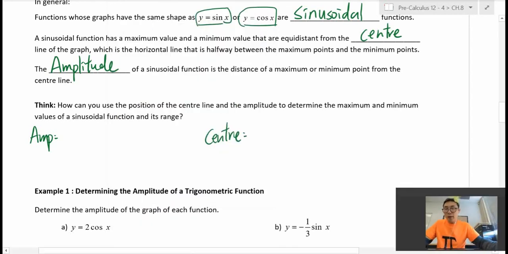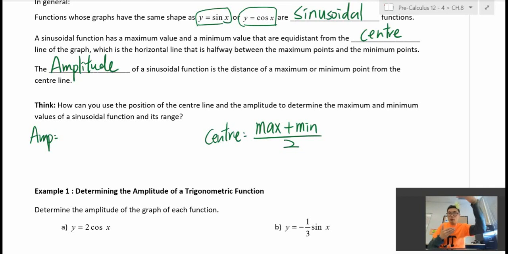The center line, the middle, is simply the average, which means it's maximum plus minimum divided by 2. It's the biggest plus the smallest divided by 2. You're looking for the average of two numbers, and those two numbers are the maximum and minimum. That's how you get a center, max plus min divided by 2.